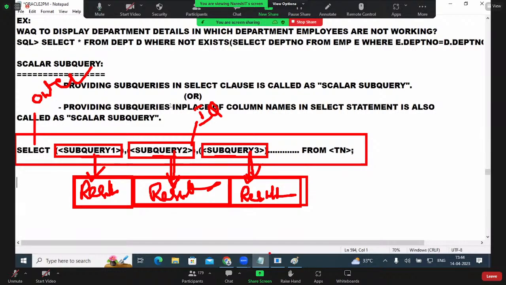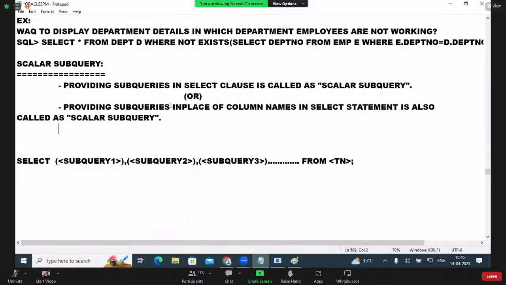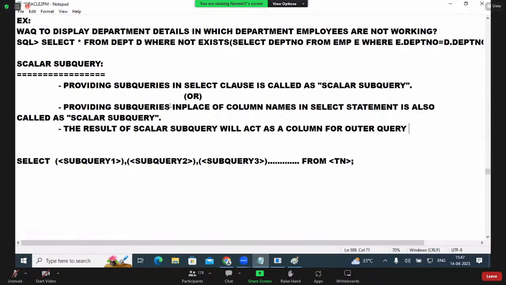The result of a scalar subquery will act as a column for the outer query.